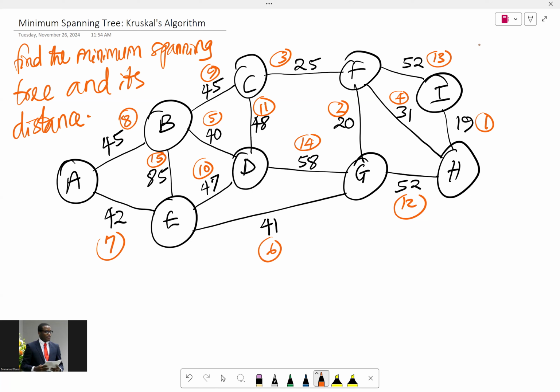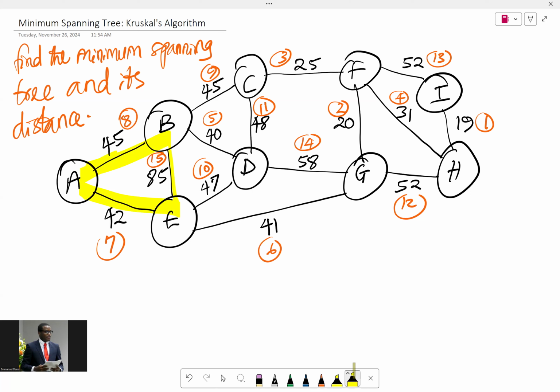The next thing we want to do is start from the smallest distance and add the edges in such a way that no cycles are formed. That is, no closed loop. Something like this is a closed loop.